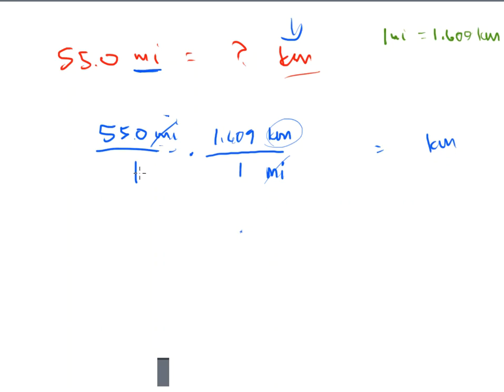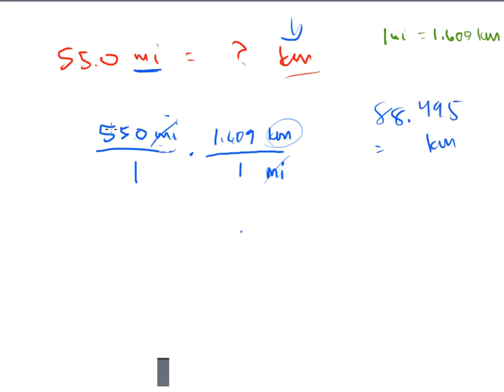So a lot of times in these dimensional analysis problems, I just ignore the ones even there. So what this tells me to do is take 55.0 and I multiply by 1.609.